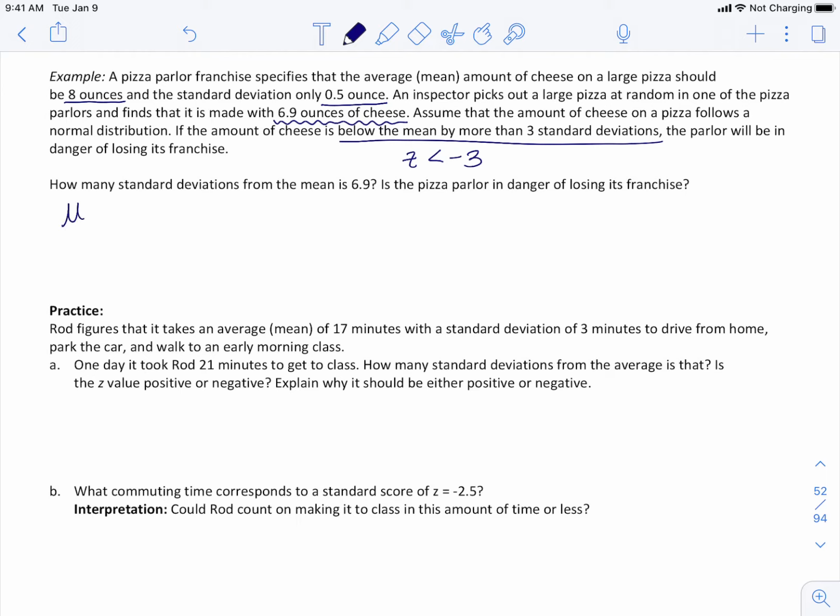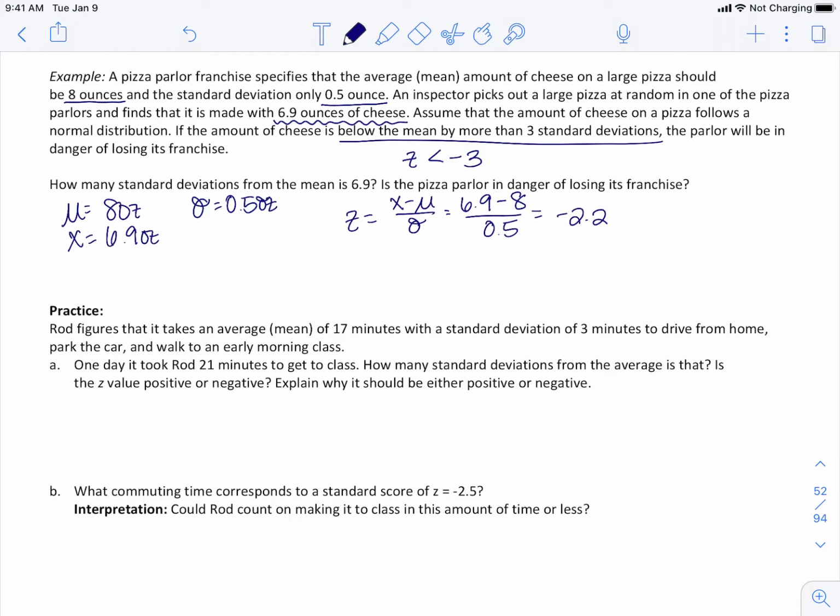So our mu is 8 ounces, our x is 6.9 ounces, and our sigma is 0.5 ounces. Okay, so z equals x minus mu over sigma. So we have 6.9 minus 8 divided by 0.5, which gives us -2.2.